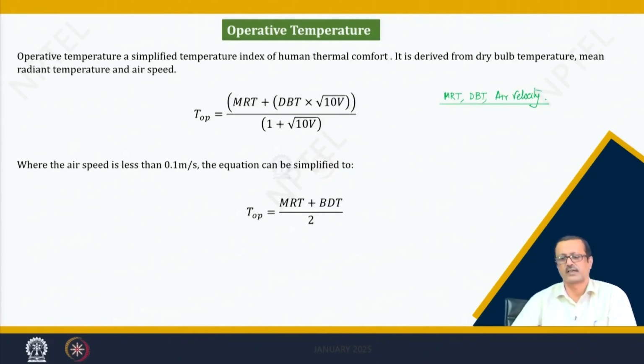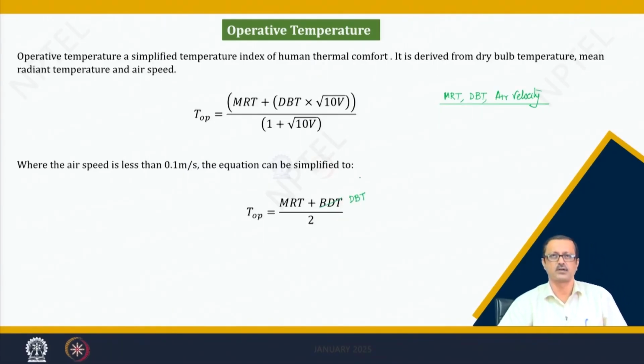It cannot come directly from this particular equation, but it is redefined as the operative temperature being MRT plus DBT, sorry, this is DBT, by 2. This (MRT plus DBT) by 2 is what we take most of the time as the operative temperature. So, what is operative temperature?